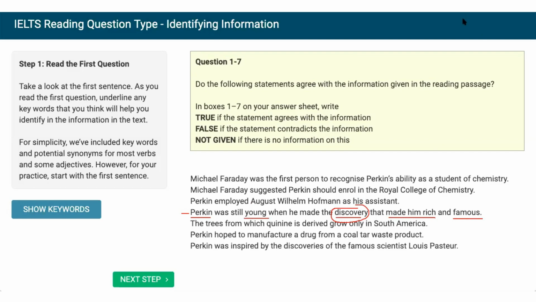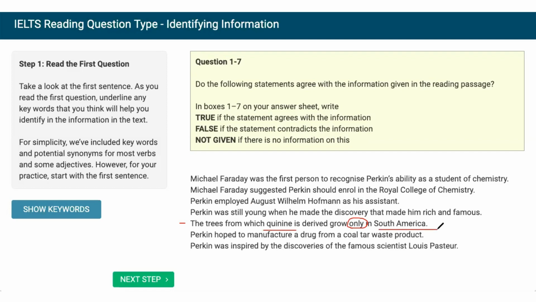All right, number 5, we're almost done here with our prep work. It says here, the trees from which quinine is derived grow only in South America. Again, you see an absolute term, which we looked at before, only, okay, very important. And then I would highlight this quinine, which is also a specific word, South America, because you're looking at a specific place.